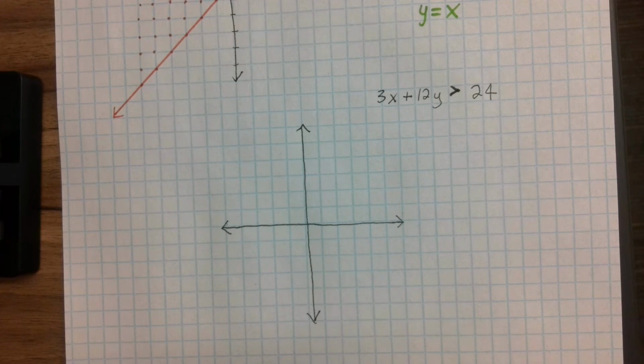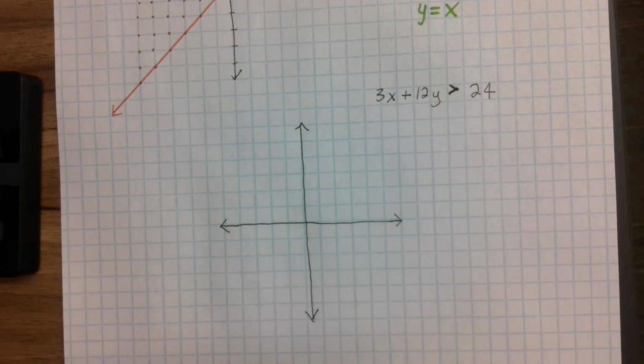What I want us to do is this. We're going to start by solving for the x and y intercepts because this is in standard form. After that, we're going to go through and graph that boundary line.